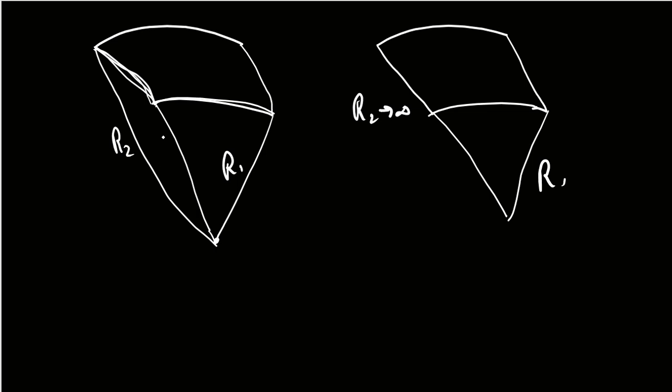If both become the same, then it will become the surface of a sphere. In a sphere also we have two radii, but both are equal, R1 is equal to R2. If you have a sphere, one radius is for this circle and one radius is for this circle at any point.